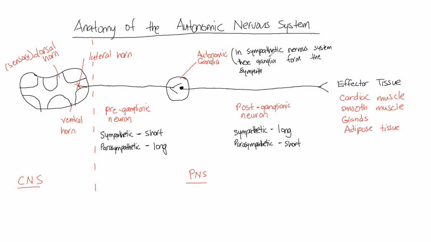The collection of these ganglia, it's located right next to the spinal cord, again, indicating the length of the preganglionic neuron, really short length there. And so these structures collectively are called the sympathetic chain. Okay, so the autonomic ganglia of the sympathetic nervous system form the sympathetic chain. Again, another important distinction we want to make, there's not a sympathetic chain or a chain of any sort associated with the parasympathetic system.